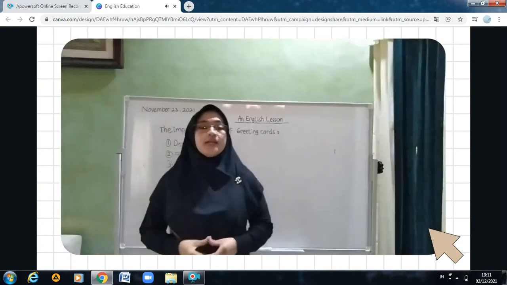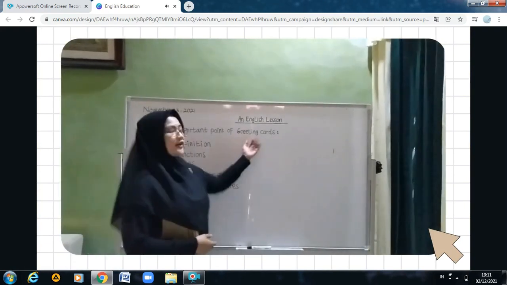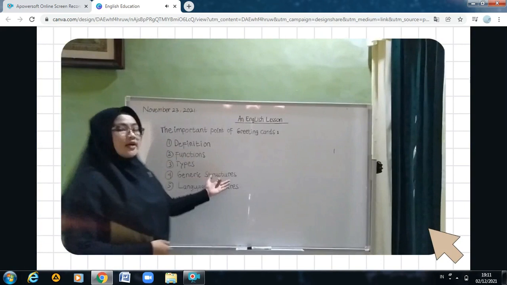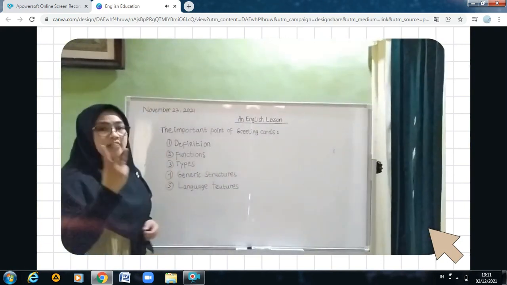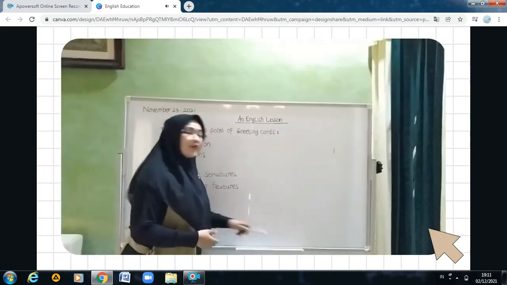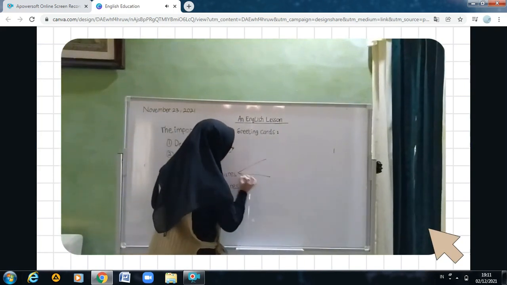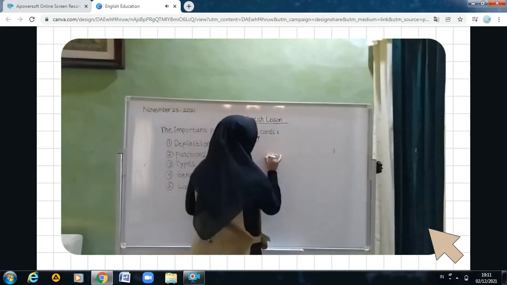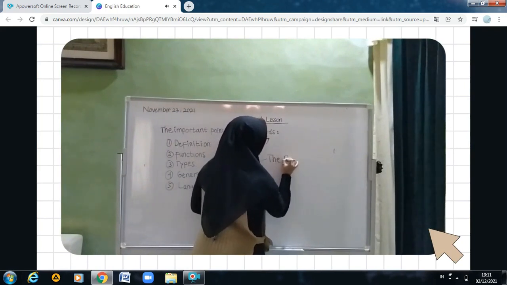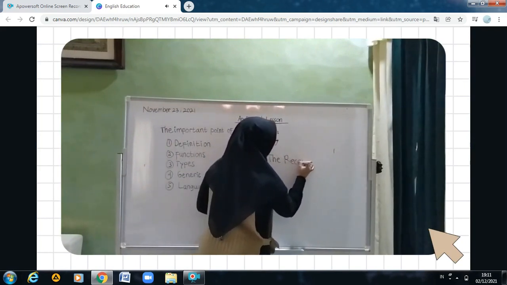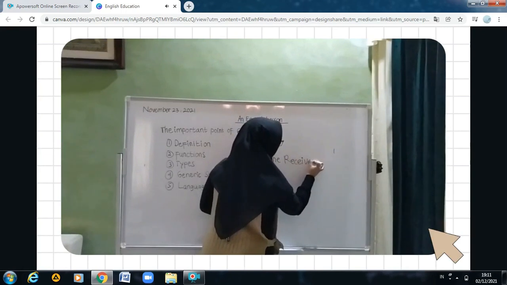Okay, students, the next point of greeting card is generic structure. There are three generic structures of greeting card. I write on the whiteboard. The first one is the greeting word.